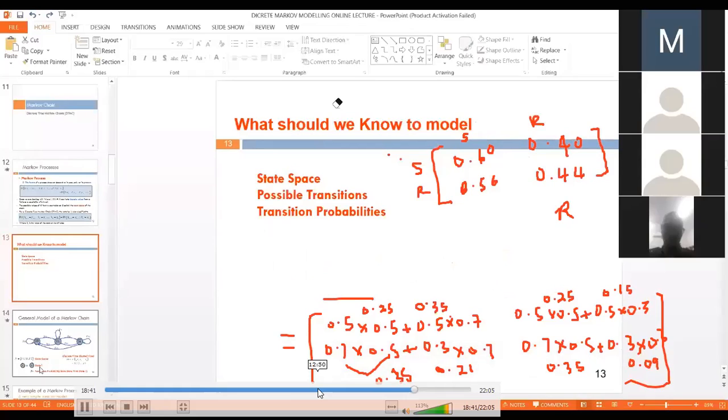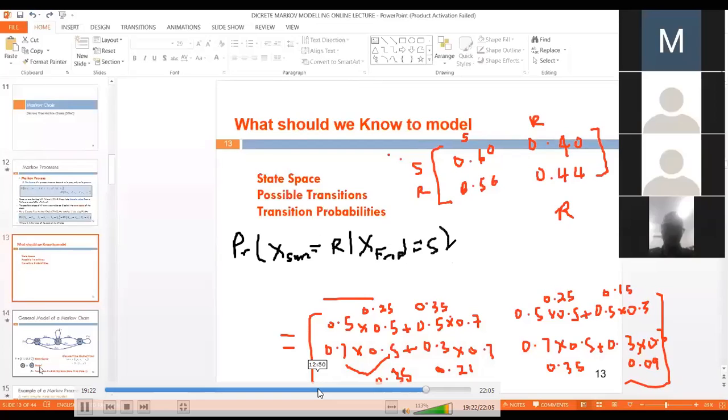So this is how you write it technically. That will be the probability of X on Sunday being rainy, given that X on Friday is sunny.